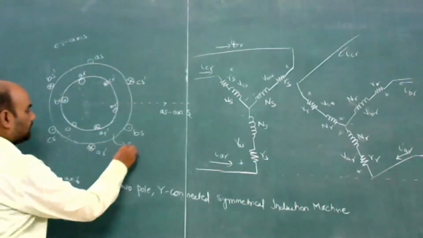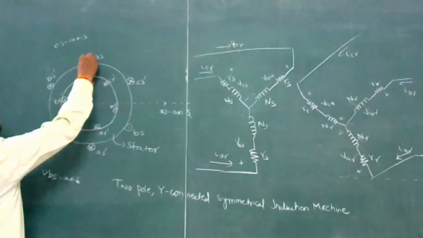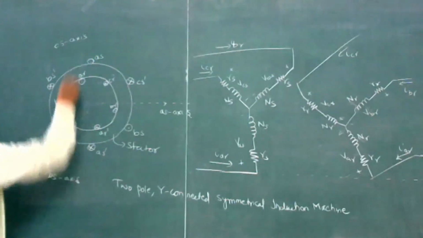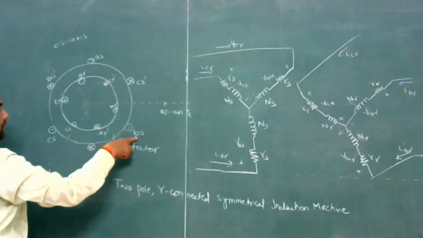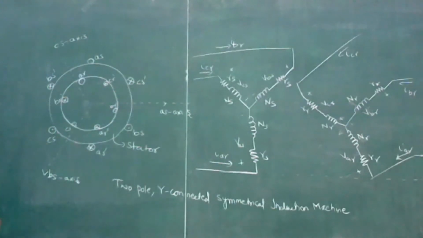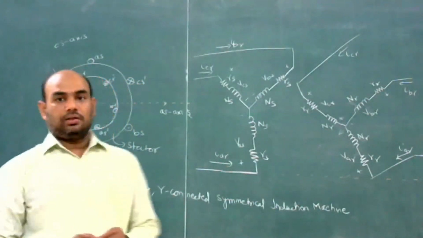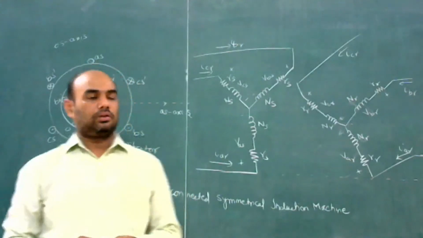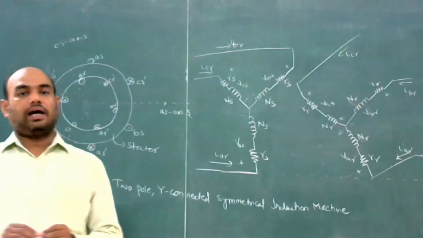This is the stator, and it has these three windings: A, A dash, B, B dash, C, and C dash. The winding arrangement of the two-pole star connected symmetrical induction machine is shown here, and the stator windings are identical.